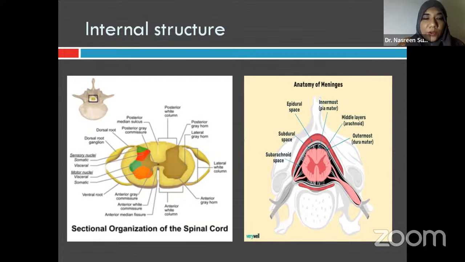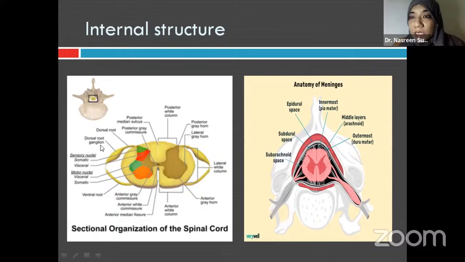Now you are having it as, no, you need not remember about these nuclei. That is not required for you people. Dorsal root ganglion, this is important. The neurons will be starting from here. Ganglion means what?